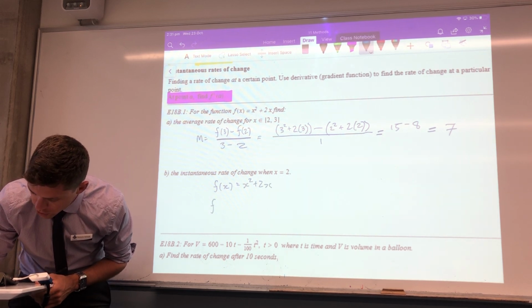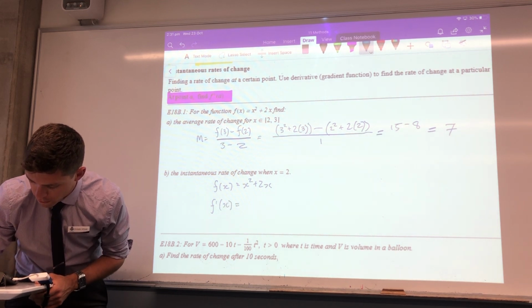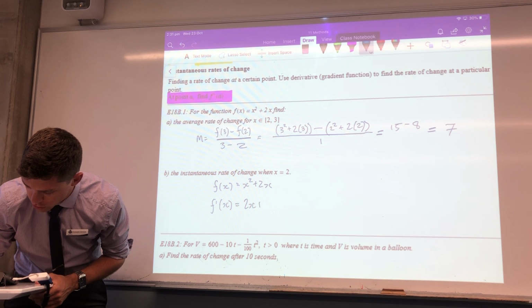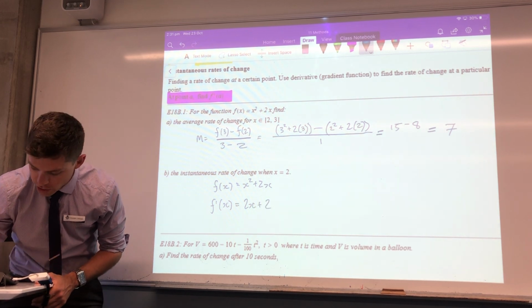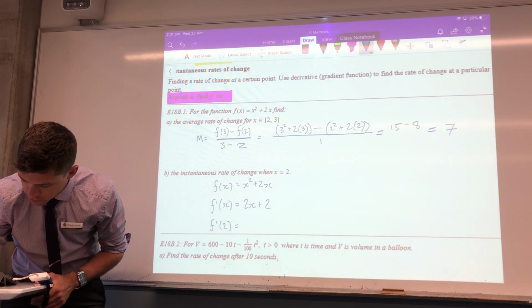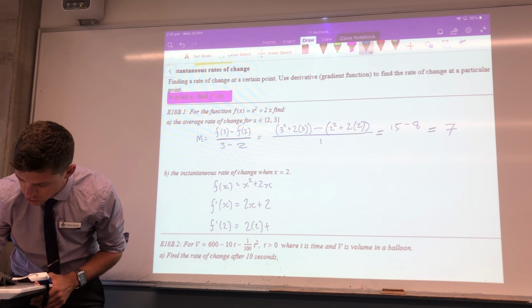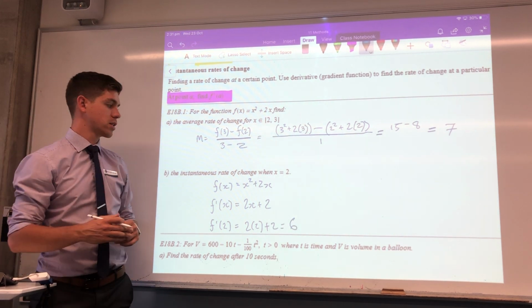If that's our function, then our gradient function is, can someone help me out? 2x plus 2. So the instantaneous rate of change at x equals 2 is 2 times 2 plus 2, 6.